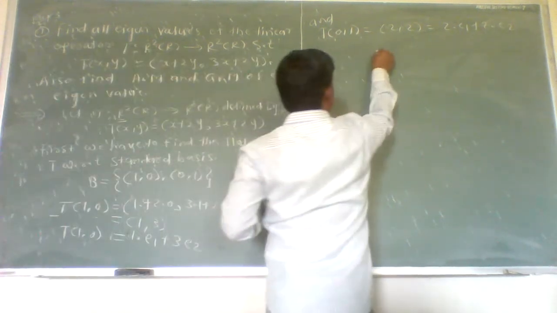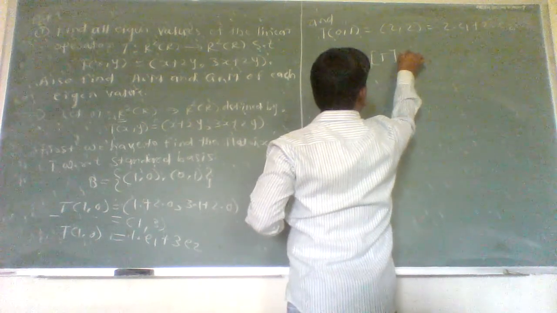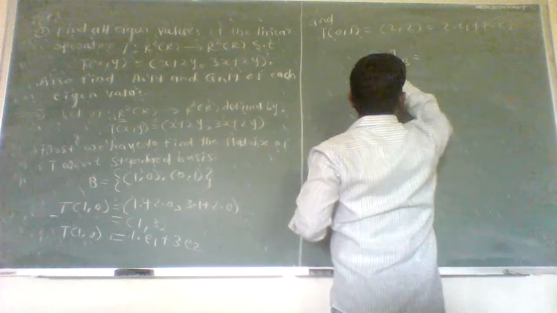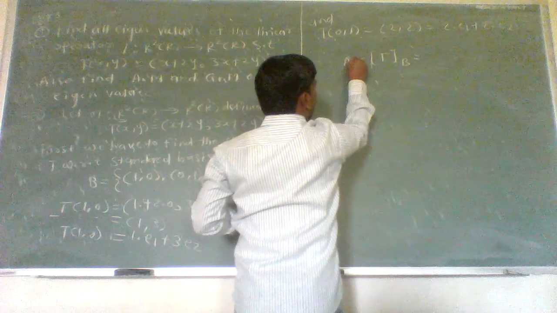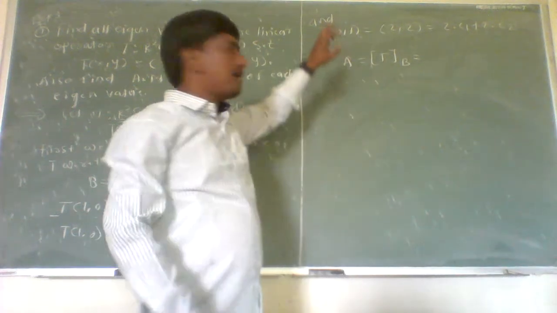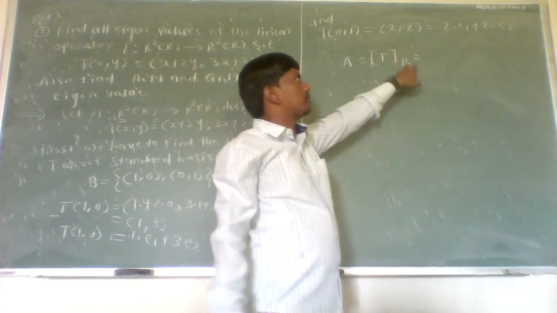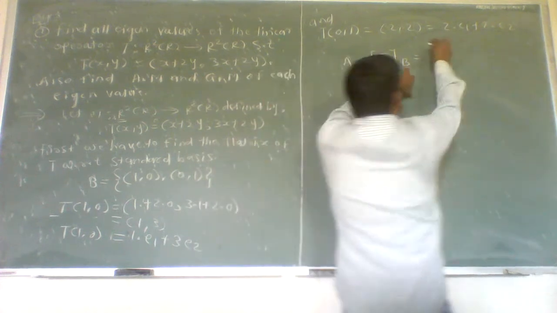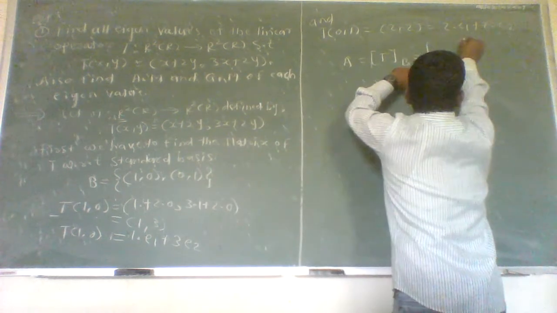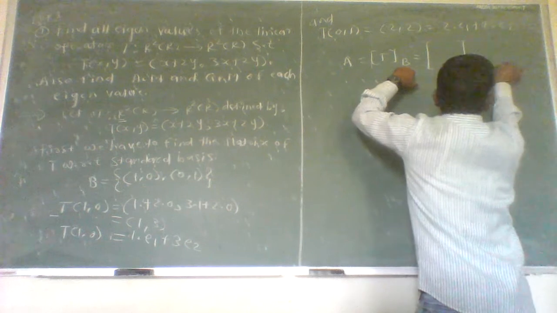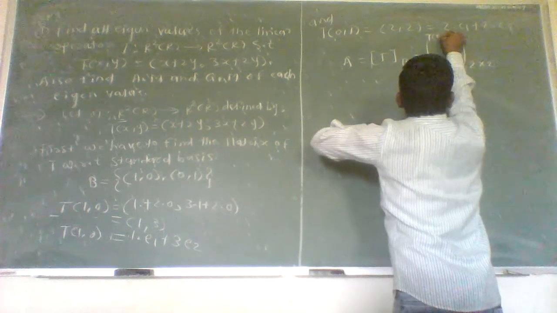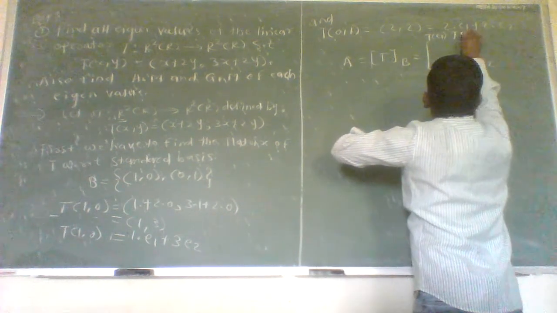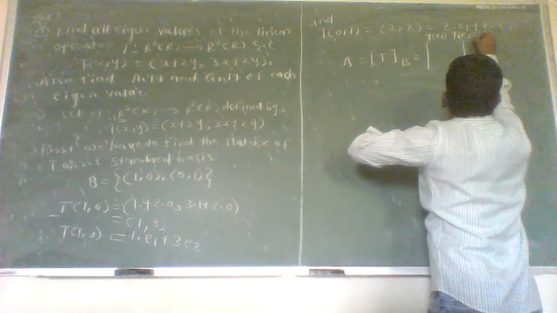Then the matrix of T with respect to the given standard basis, let us take it as a matrix A, which is nothing but the matrix of linear operator T with respect to the standard basis B. Here we get a 2 cross 2 matrix with columns T of E1 and T of E2.